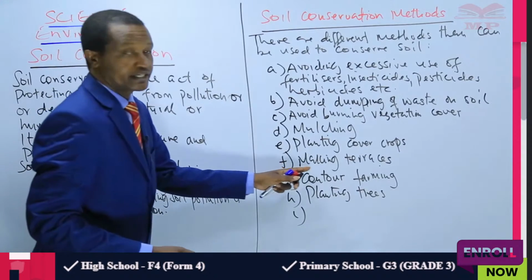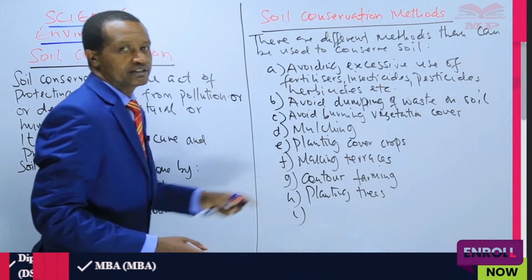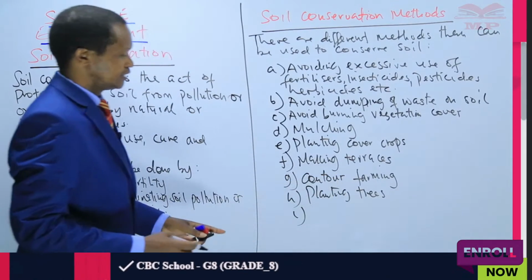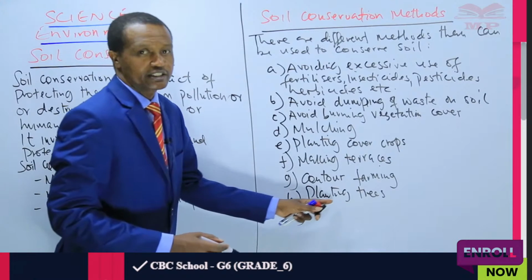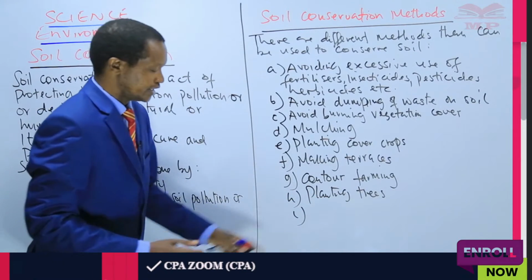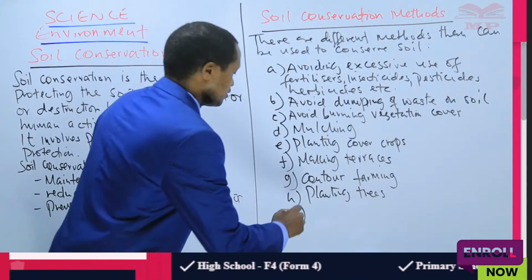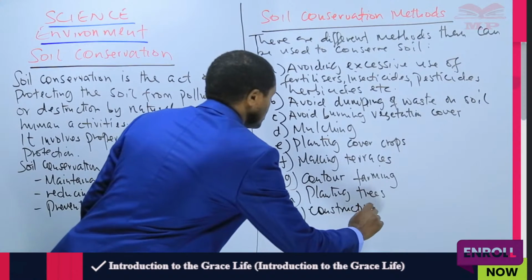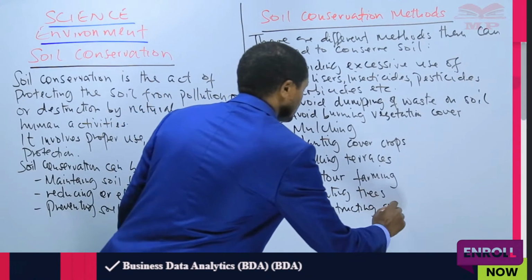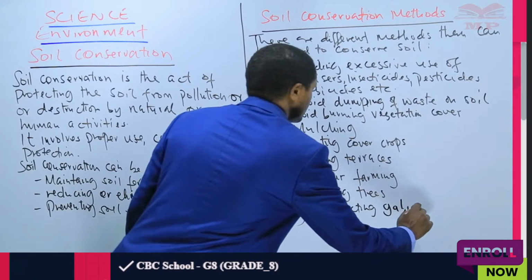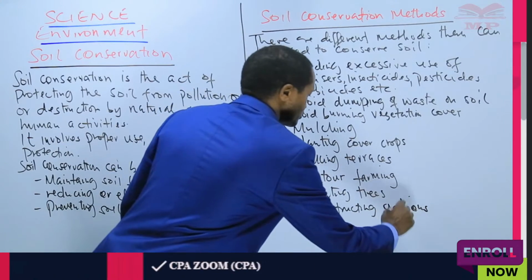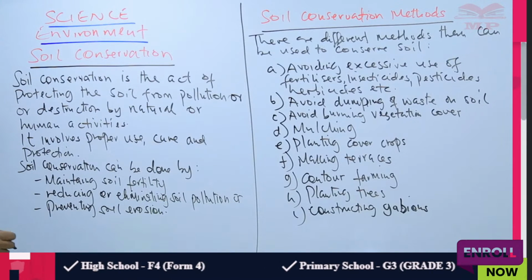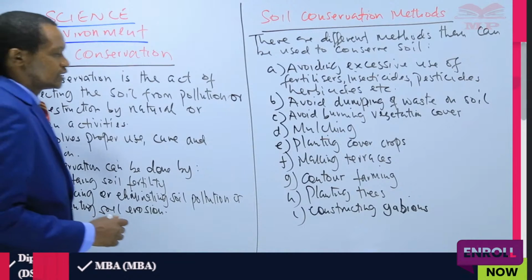F, making terraces. G, contour farming. H, planting trees. I, constructing gabions. Then we have controlled grazing.